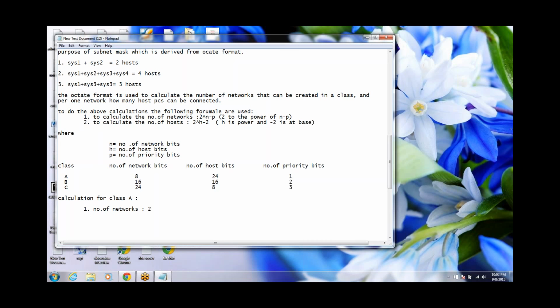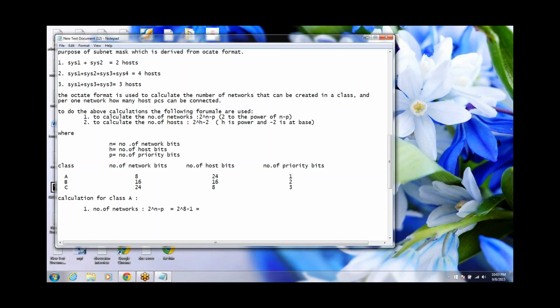The formula is 2 to the power of n minus p. What is the value of n in class A? The number of network bits is 8, minus the number of priority bits, which is 1. So 2 to the power of 8 minus 1.